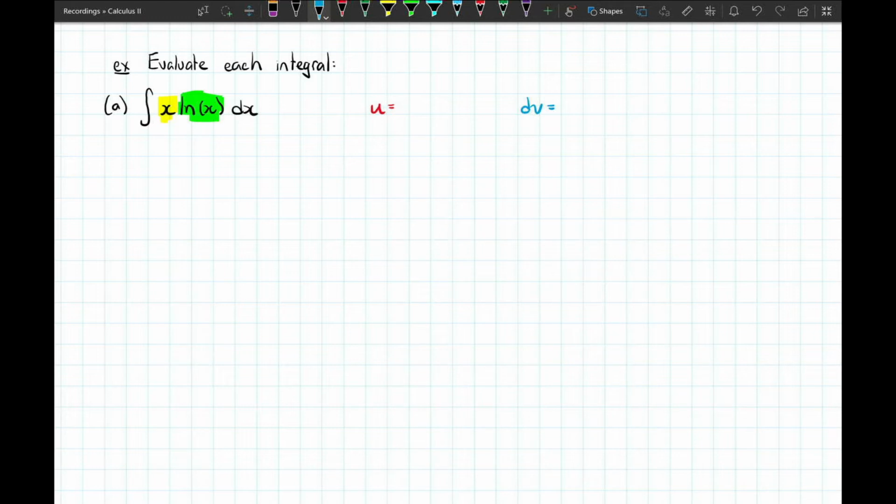And if we don't know the integral yet, or antiderivative of the natural logarithm, then it makes a lot of sense that the natural logarithm is going to be our choice for u. If we let u equal the natural logarithm of x, then that means dv is going to be everything that is remaining in our integrand. That's x and dx. And now we start with u and we find its derivative.